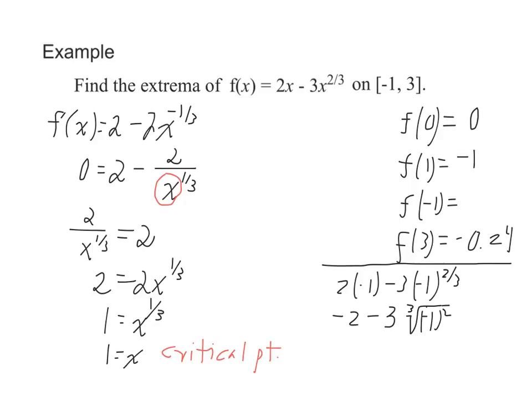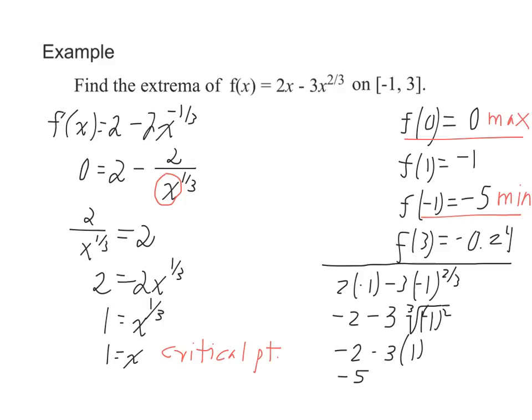I have the cube root of -1 squared. All right, so that will be the cube root of +1, or 1. This one turns out to be -5. So here, my lowest value is -5. My biggest value is 0. And there's my absolute max and min.